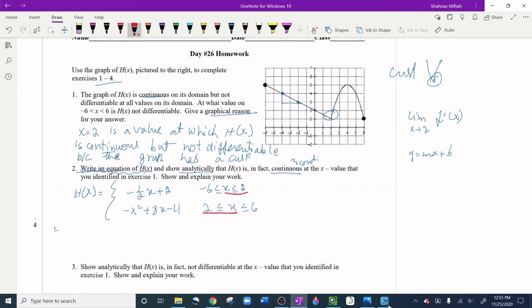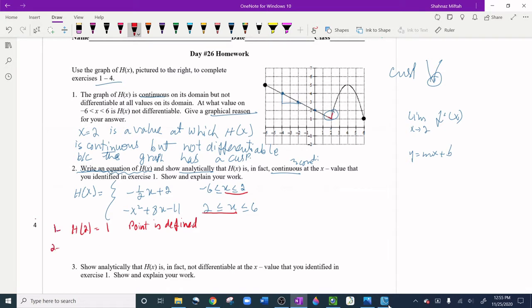You can tell it's defined because it's a sharp turn, but that doesn't mean it's not defined. You have x equal 2 and the y value is 1. So h(2) is going to give me 1, the point is defined, because they said explain it. So I'm explaining it one by one.